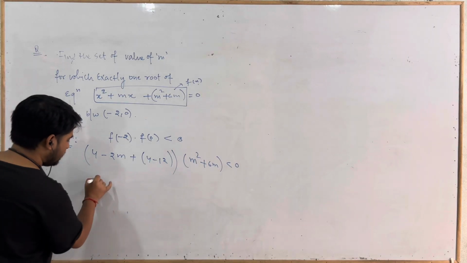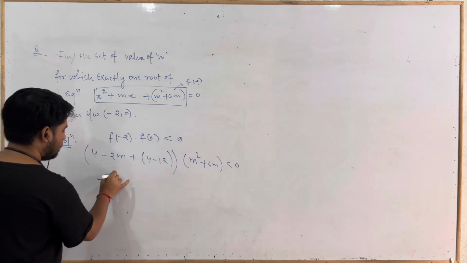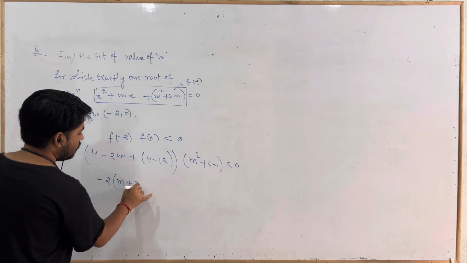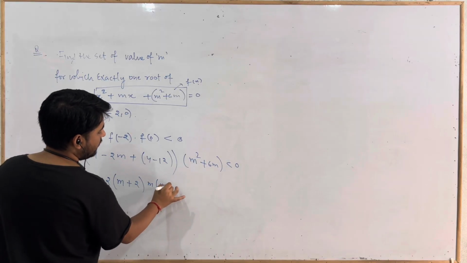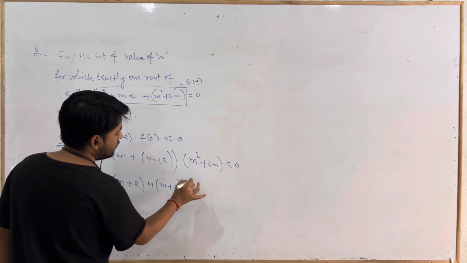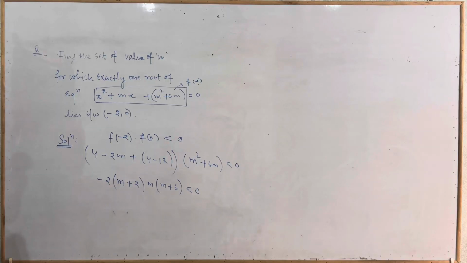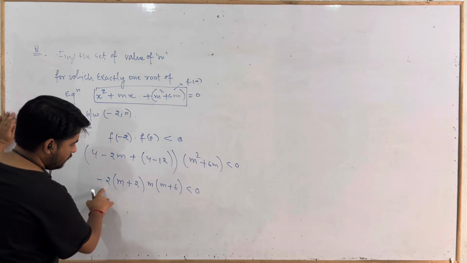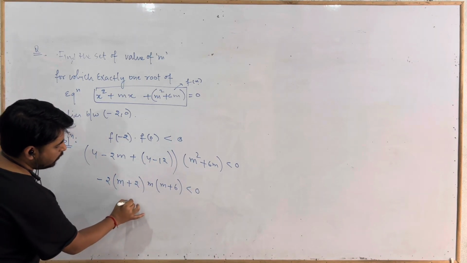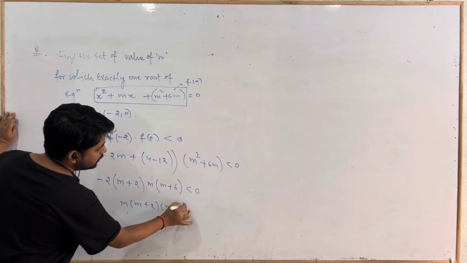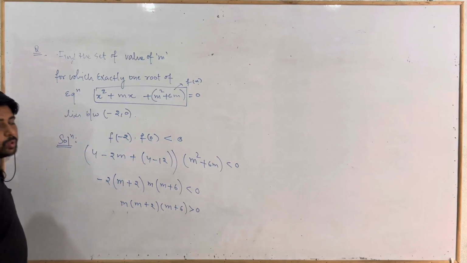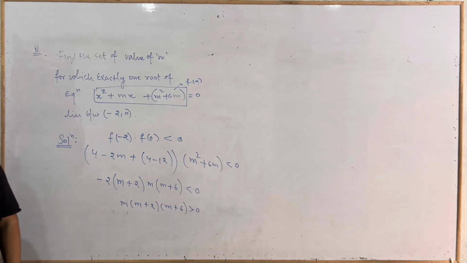So if you take the -2 common from here, it will be m plus 2. From there, if you take m common, it is m plus 6, which is less than 0. Now if you send this minus to the other side, this will be m into m plus 2, m plus 6 greater than 0.